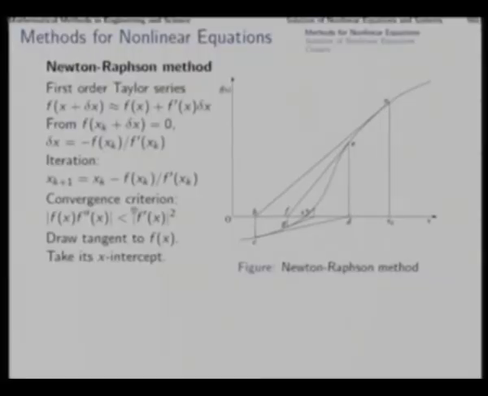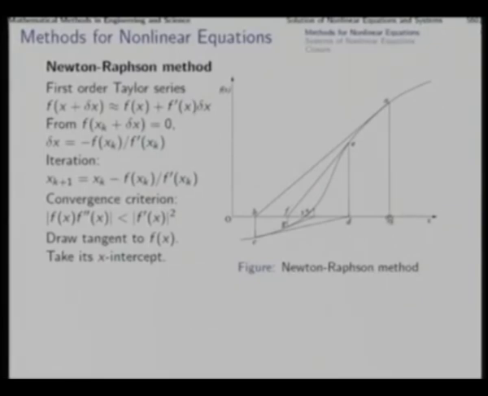If this is satisfied in an interval, then the starting point from within that interval will converge to the root in that interval. The geometric interpretation of the working of Newton-Raphson method based on this formula is the following.